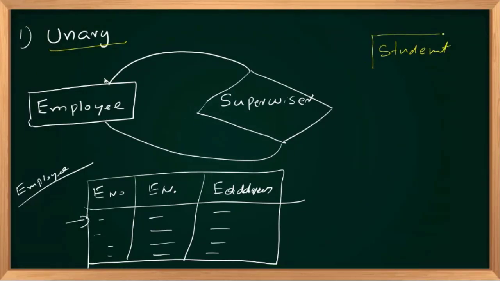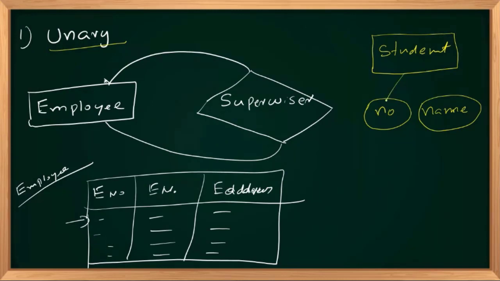An entity is represented by a rectangle. Number, name: these are attributes. An attribute is represented using an oval.